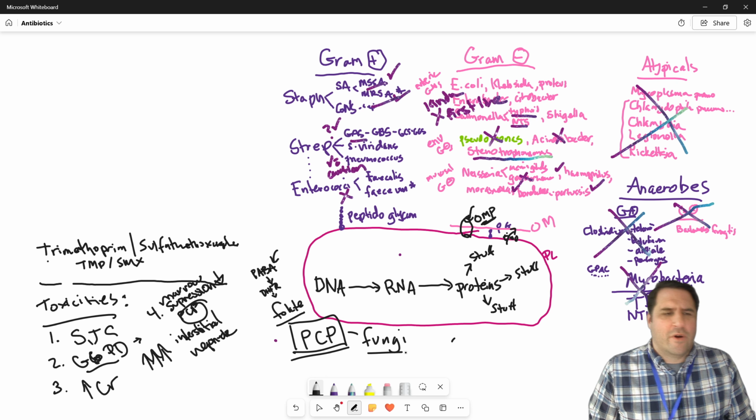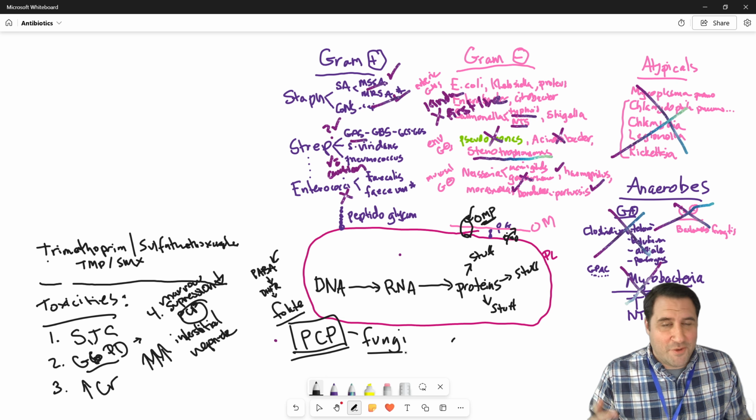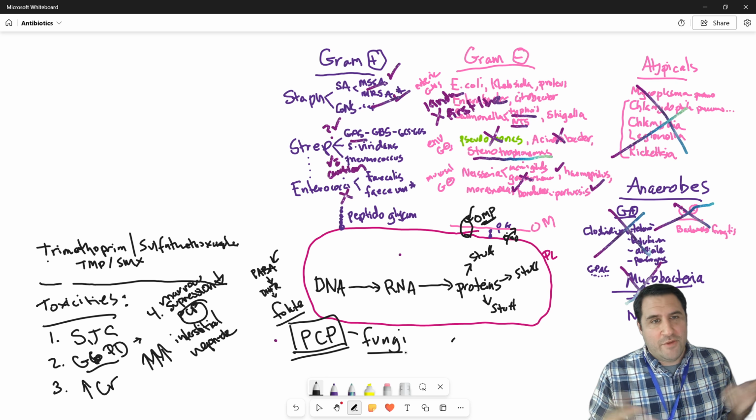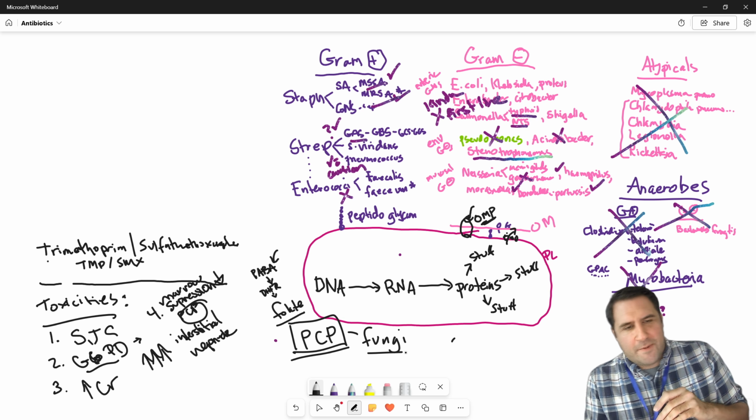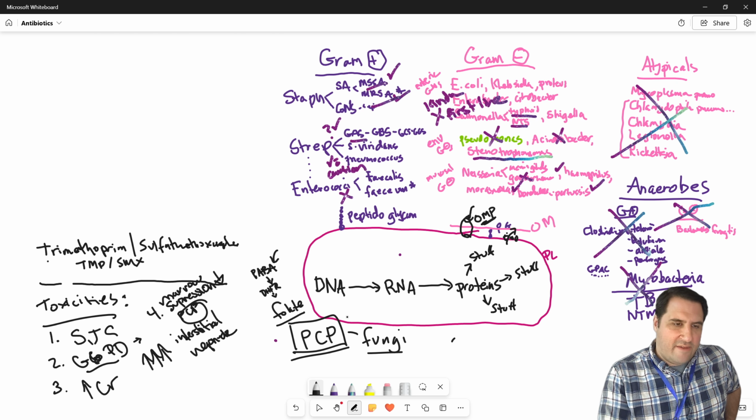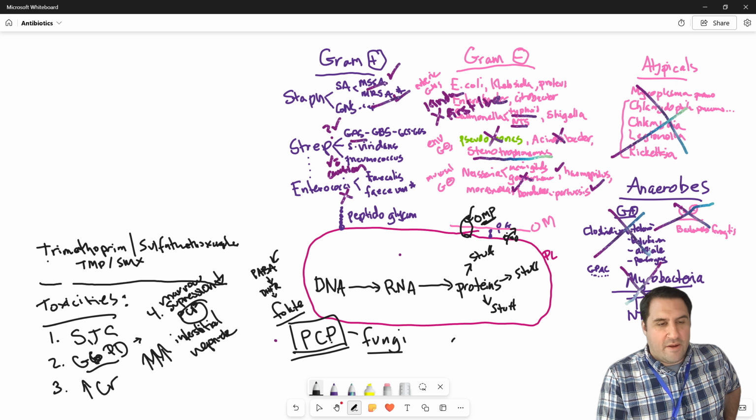And why does that work? Well, it turns out that, just through evolution, fungi, even though they're eukaryotes and we're eukaryotes, pneumocystis in particular is a little bit of a strange one. It doesn't have the same highly ergosterol membrane, but it does require its own production of folic acid.